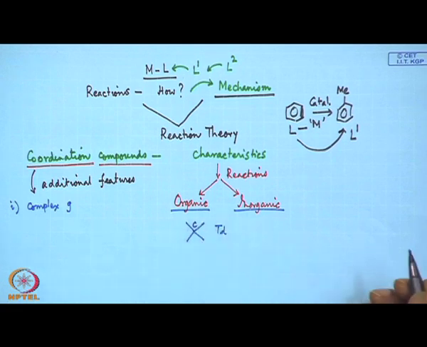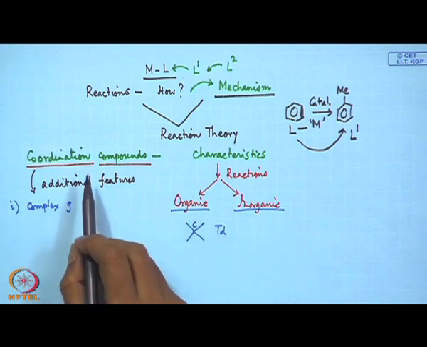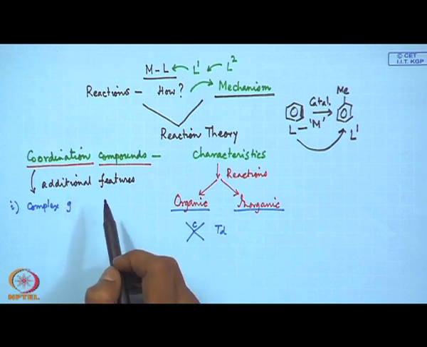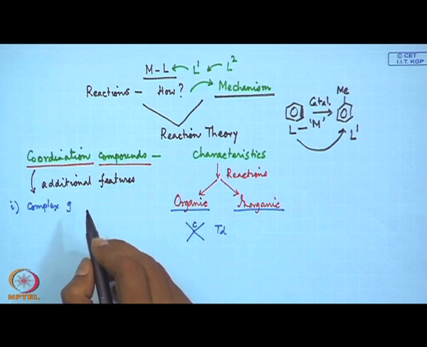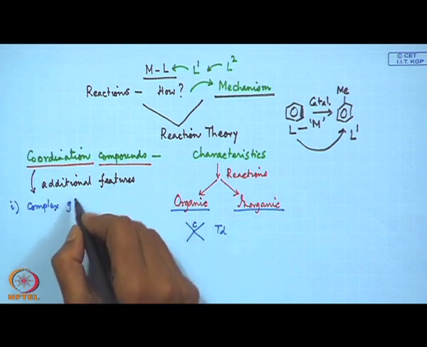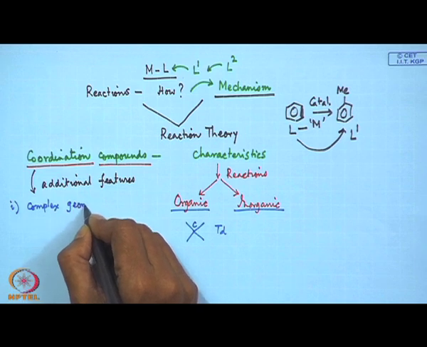So, if we have the carbon center, it is basically only the tetrahedral geometry, but the metal complexes can have octahedral geometry, tetrahedral geometry, square pyramidal geometry, trigonal bipyramidal geometry, and much more complex geometries of higher coordination number.